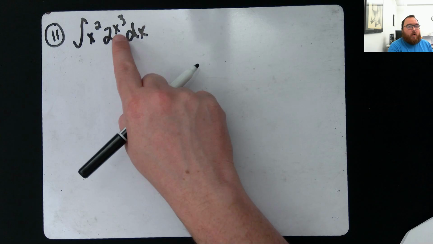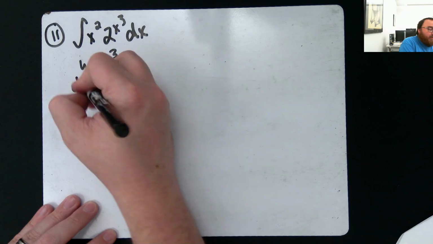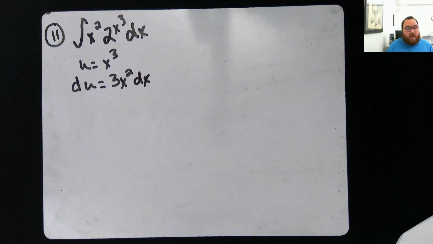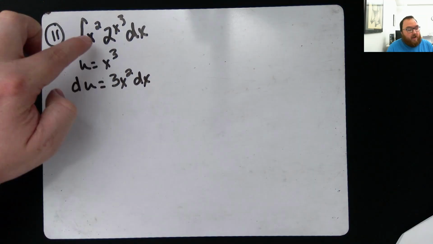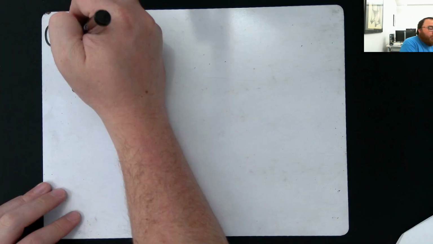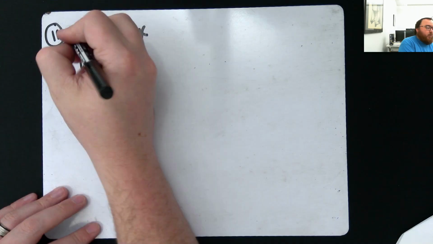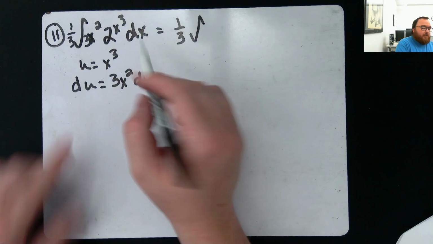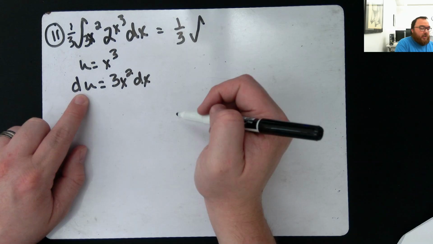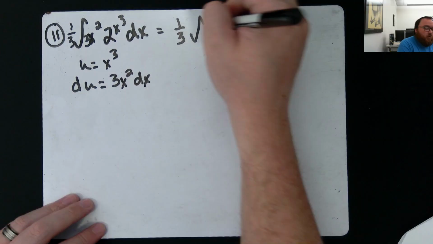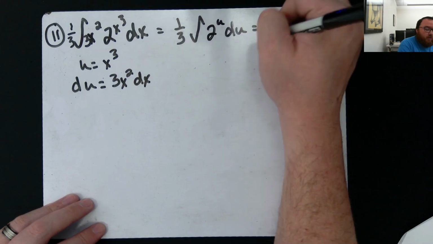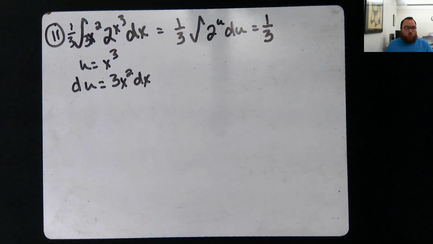But to do that, I would need du to be 3x squared dx, which is fine because I already have the x squared part here. So I need a 3, which is fine as long as I put 1/3 out front. So I end up with 1/3 integral 3x squared dx is the du now, right? So this is just 2 to the u du. So this is going to be 1/3 based on our rule again.